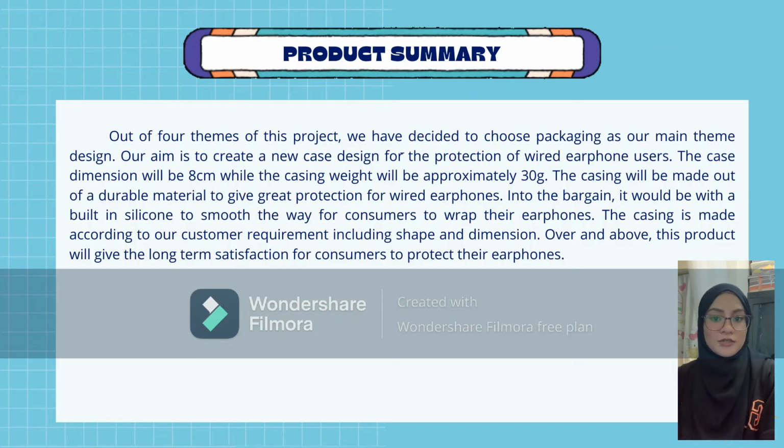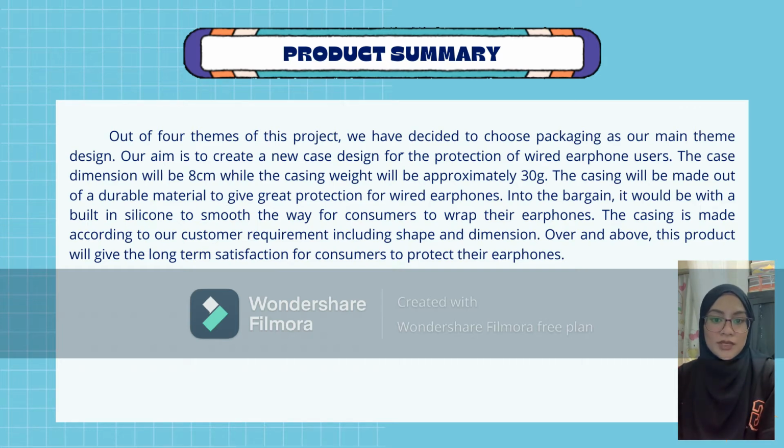Our product summary is, out of 4 themes of this project, we have decided to choose packaging as our main theme design. Our aim is to create a new case design for the protection of wired earphone users. The case dimension will be 8 centimeters and the weight approximately 30 grams.